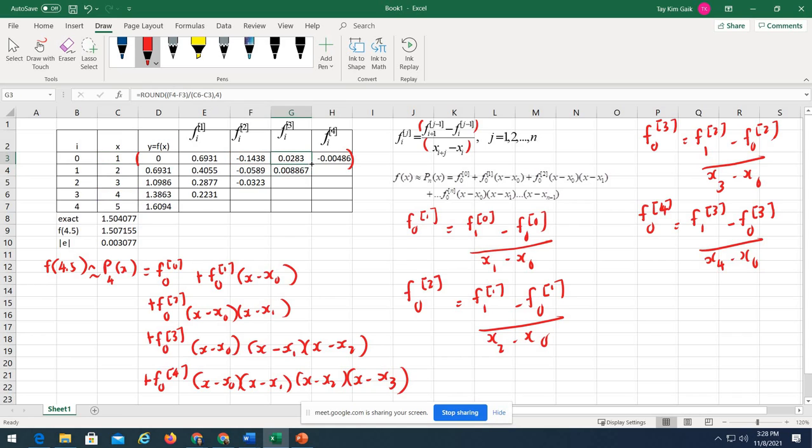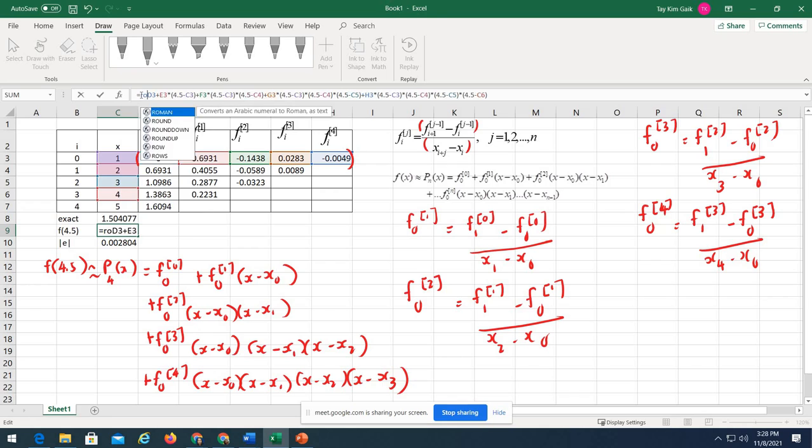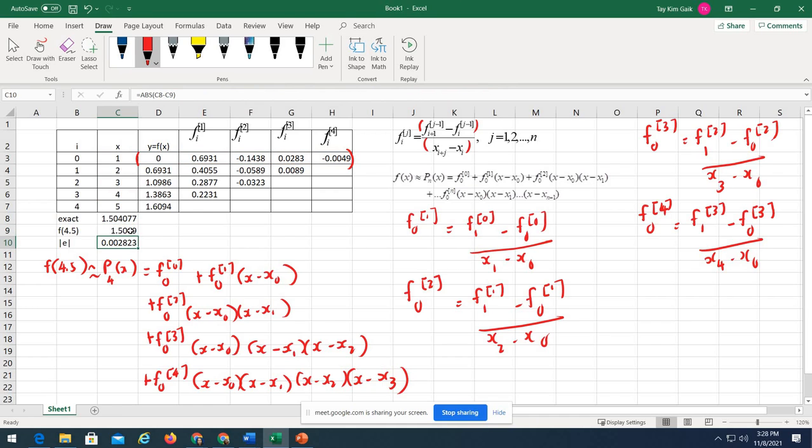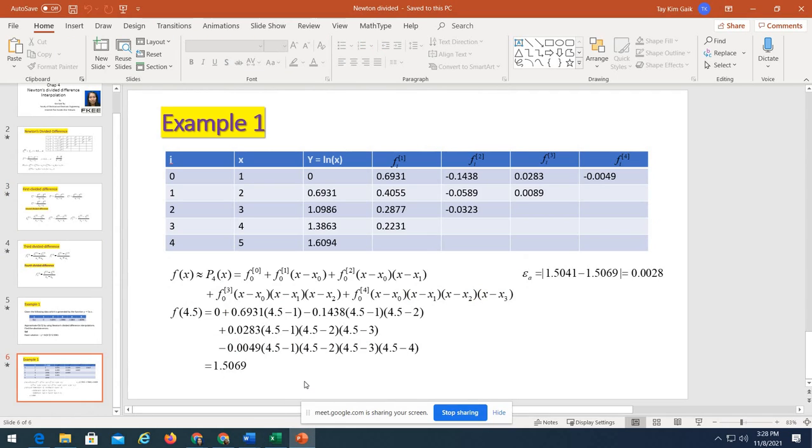Okay, I round. This is round to 4 decimal place. This one I round to 4 decimal place. Okay, so here if you round to 4 decimal place, 1.5069, exactly tally with what you calculate using calculator.